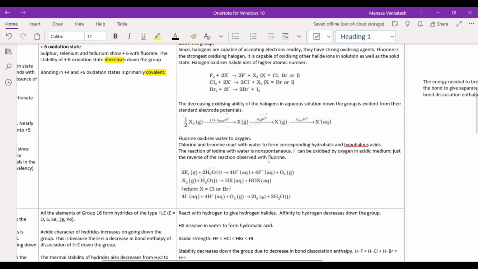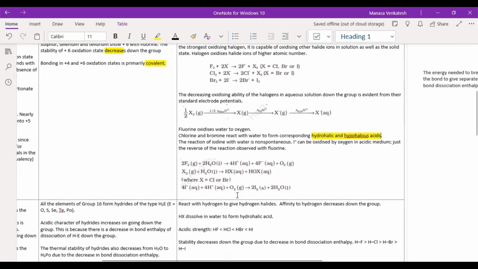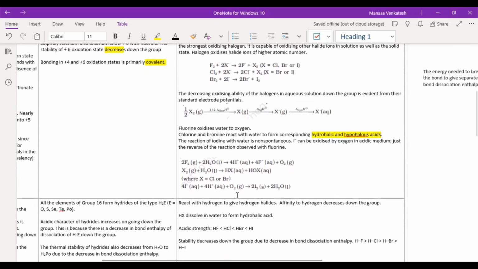Next, chlorine and bromine react with water to give HX and HOX. HX is hydrohalic acid, whereas HOX is hypohalous acid. So chlorine and bromine are able to react with water to give us hydrohalic and hypohalous acids.